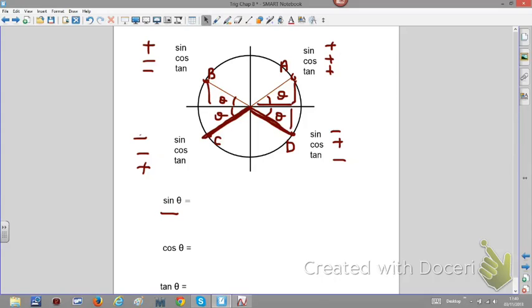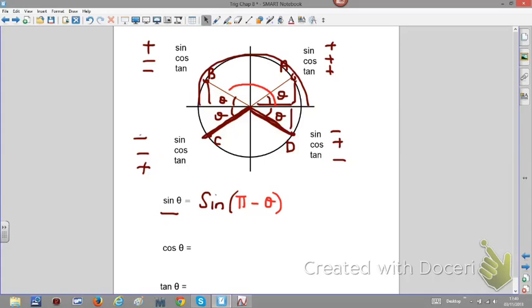So that would be sine of theta, or sine of the whole semicircle minus theta. We're looking at this angle here, which is 180, or let's call it pi, minus theta. That gives us exactly the same.